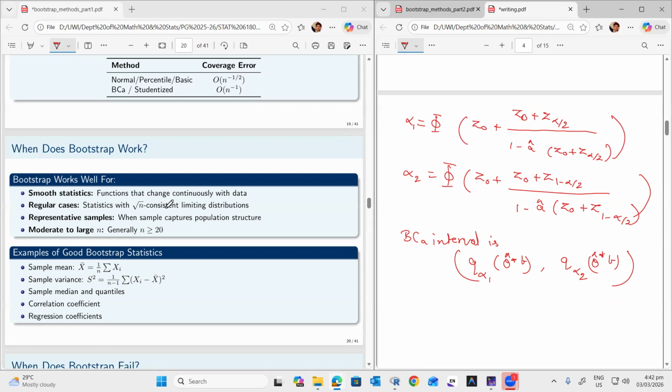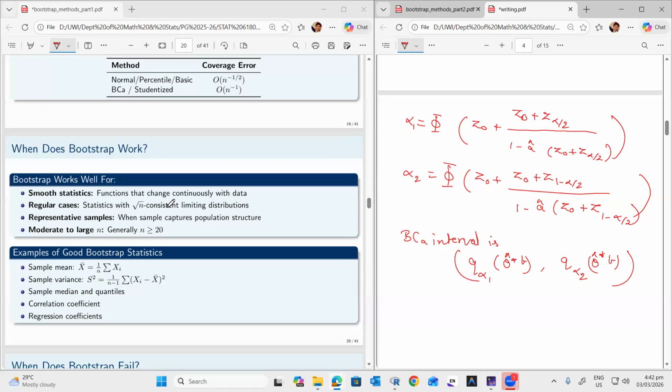Representative sample means when the sample captures the population structure properly, at that time you can use the bootstrap. And moderate to large n means generally if you have n greater than or equal to 20, at that time you can use bootstrap, and bootstrap will produce better results.